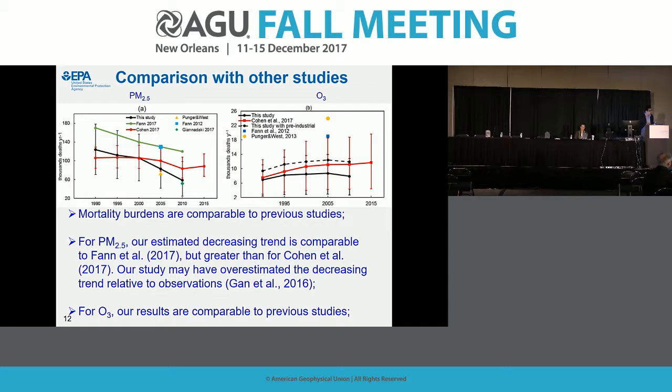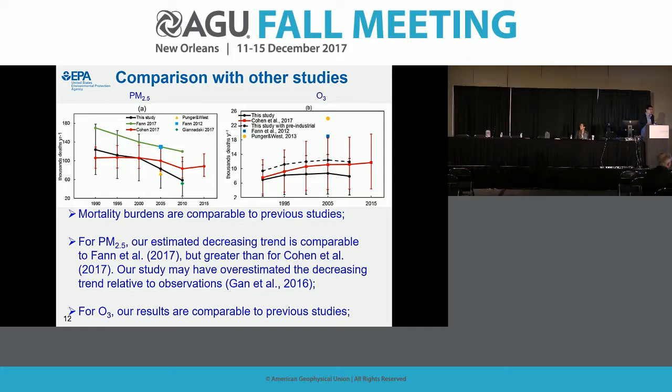However, if you take a look at the mortality burden for PM on the left, we see that our estimated decreasing trend is comparable to Fine et al., shown in green, which was just published a few weeks ago in the journal Environmental Health Perspectives. But the decreasing trend from these two studies is greater than Cohen et al., published probably a few months ago.